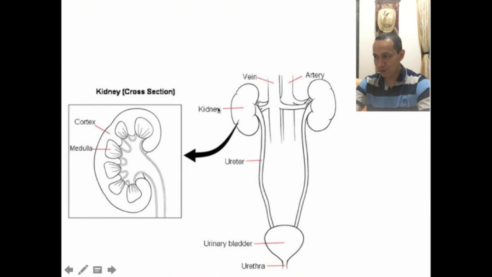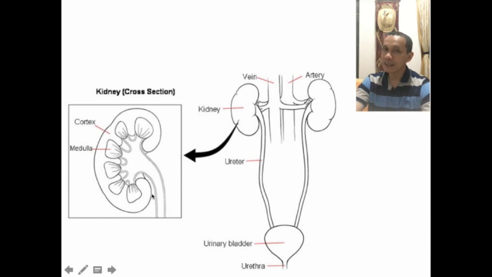Now, talking about the organs of this system, let's see first the kidney. This is a simplified image of the system again. If we zoom in on the kidney, the outermost part of a kidney, the cover, is called the renal capsule.